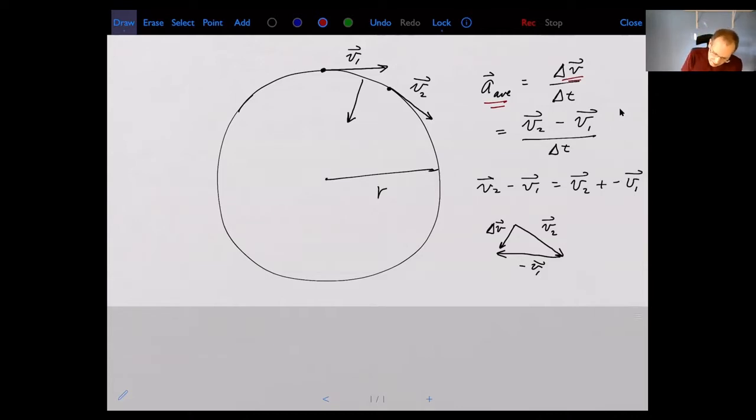So in this case, the acceleration is going to be directly towards the center. Okay, and that acceleration has a name. It's called the centripetal acceleration.